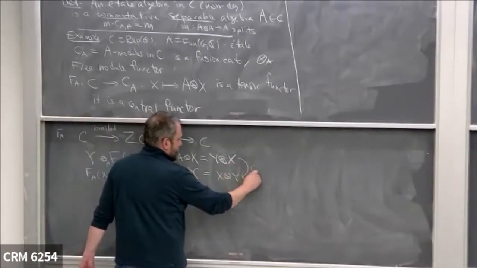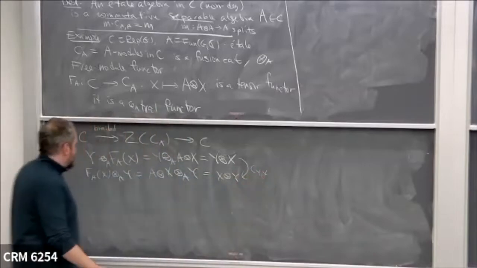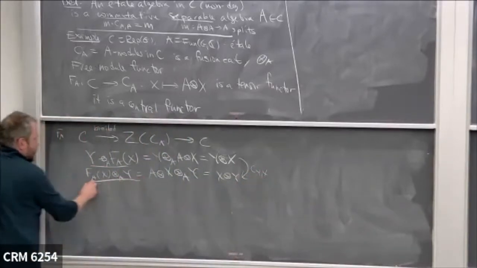So this is c_{Y,X}, and this gives the central structure. So these two objects can be permuted.